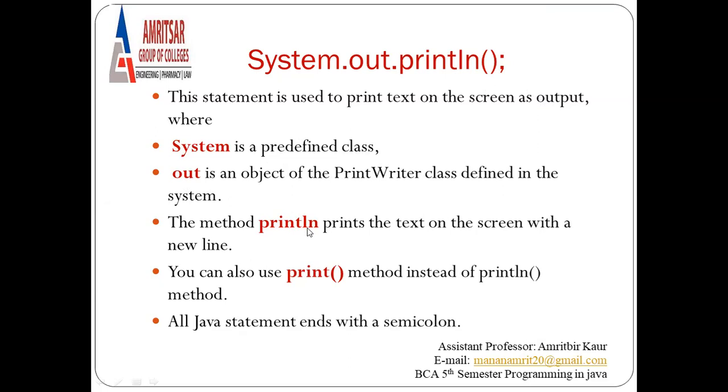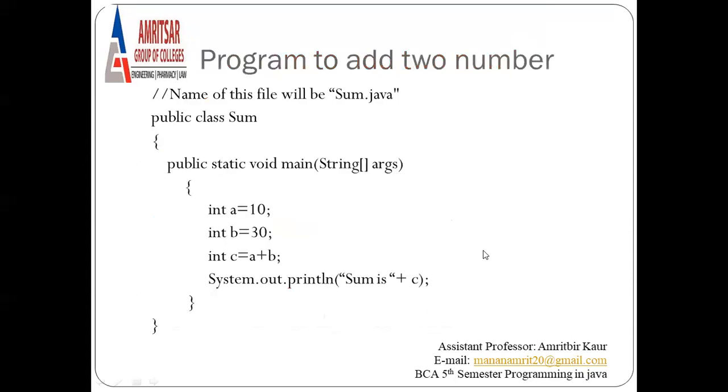And println is a function which prints text on the screen. You can also use print instead of println. All Java statements end with a semicolon, so that's why we add a semicolon at the end.